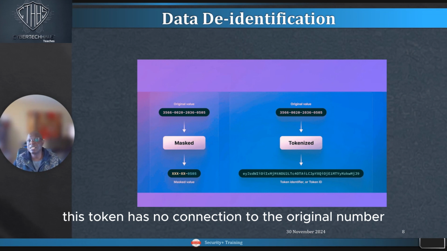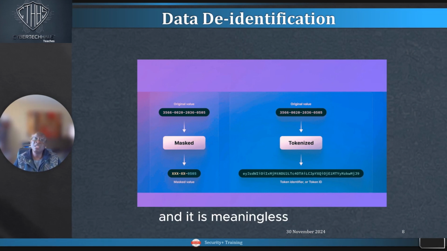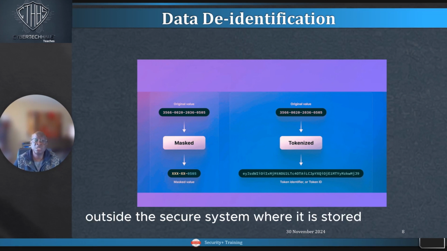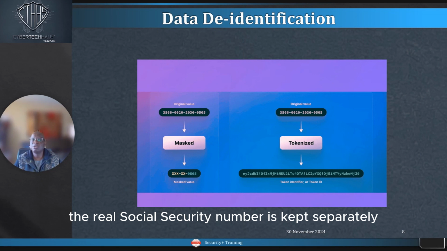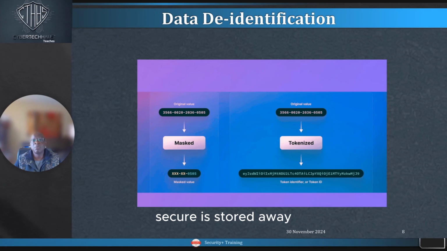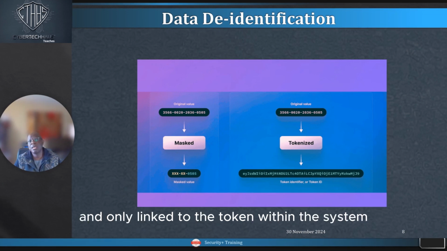This token has no connection to the original number, and it is meaningless outside the secure system where it is stored. The real social security number is kept separately, securely stored away, and only linked to the token within the system.